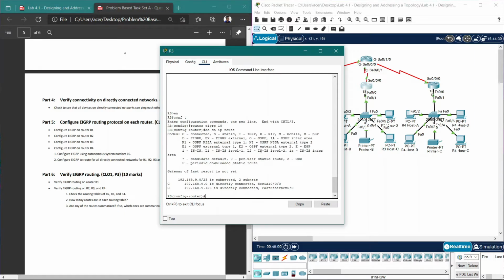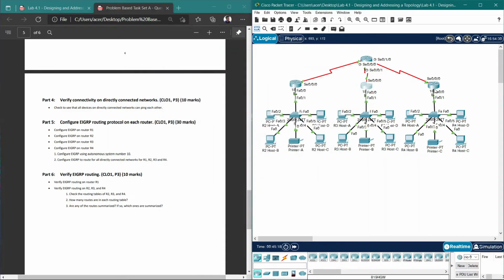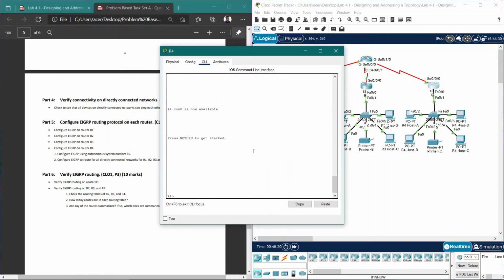As we can see in R3, there is the connection from 192.168.9.0 and also 192.168.9.128. So we will be configuring only the 192.168.9.0 network. The same goes for R4.